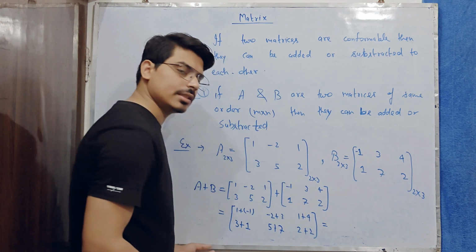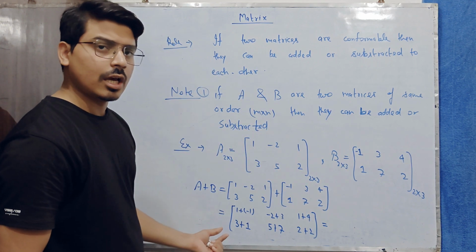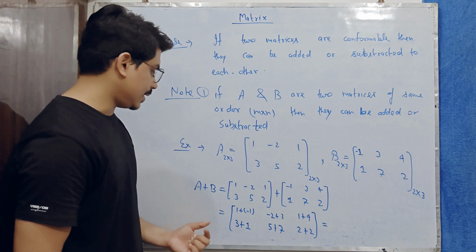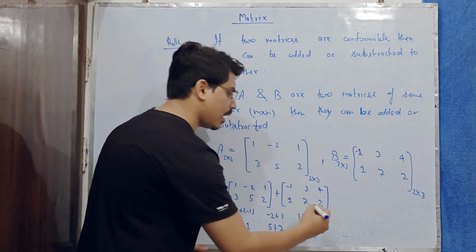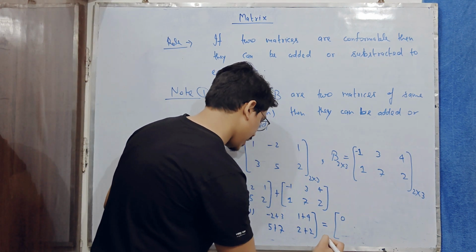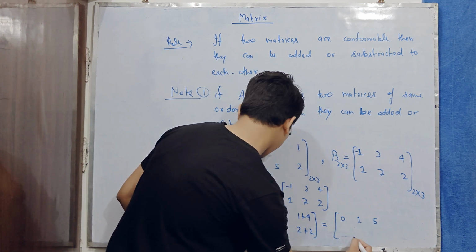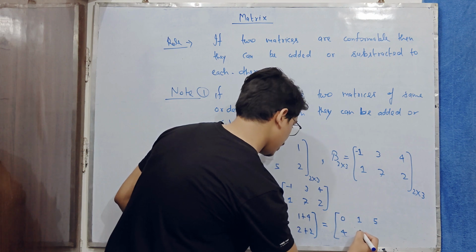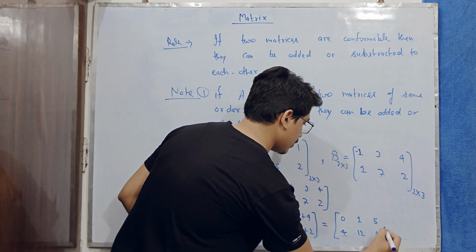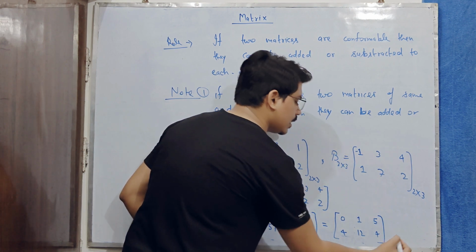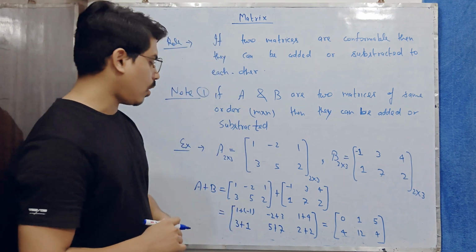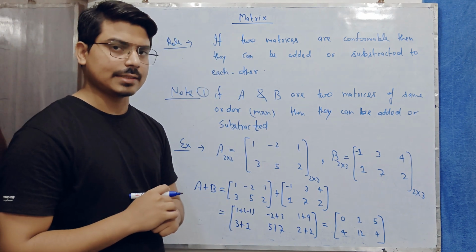This is the way you can add two matrices. When you calculate these numbers, you get 0, 1, 5, 4, 12 and 4. This is your result of addition of two matrices.